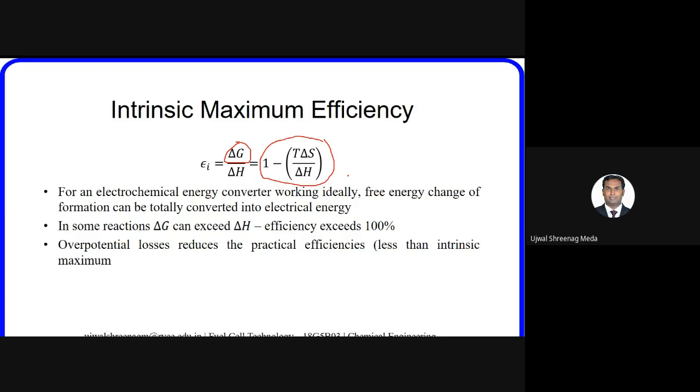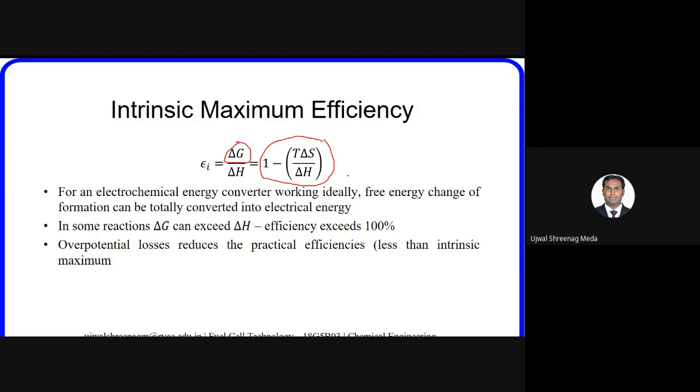So in this equation, delta G equals delta H minus T delta S, delta G is decreasing, and the other part of the equation, the T delta S, is increasing because of the increase in temperature. That means the usable form of energy, the energy that is getting converted into electricity, decreases with increase in temperature.